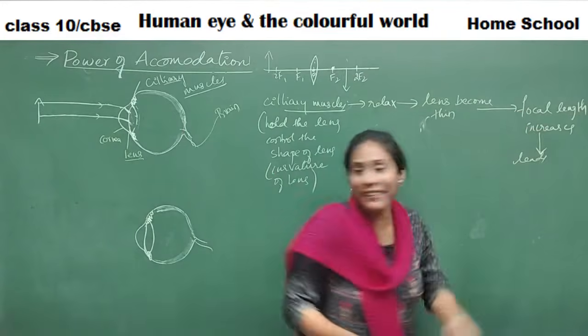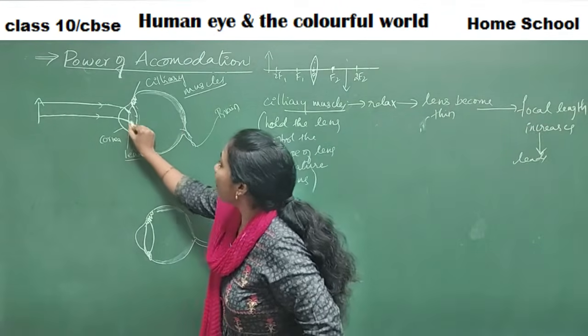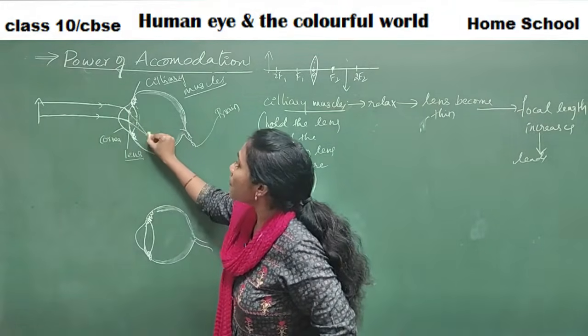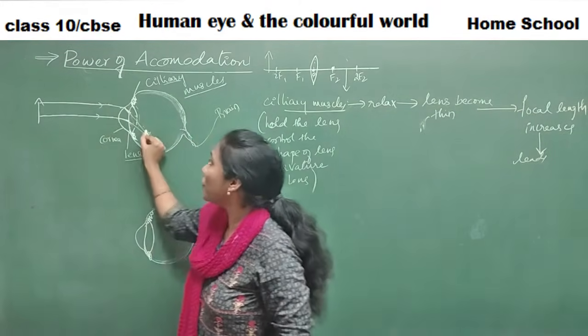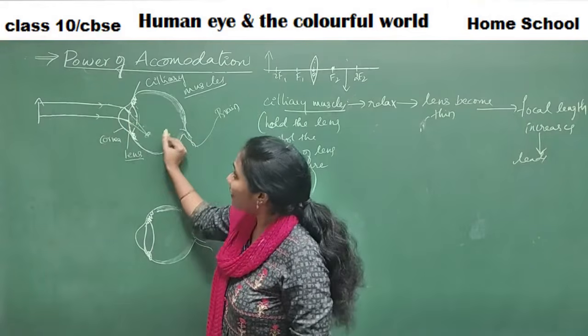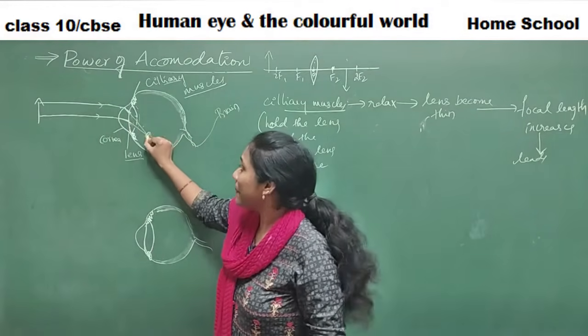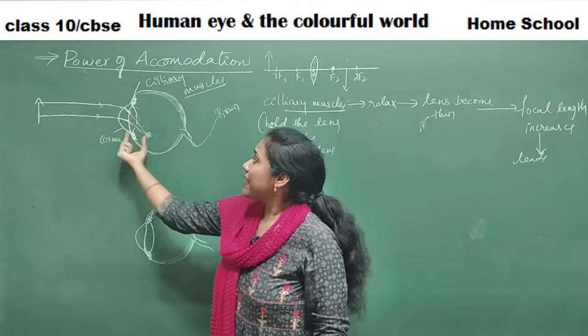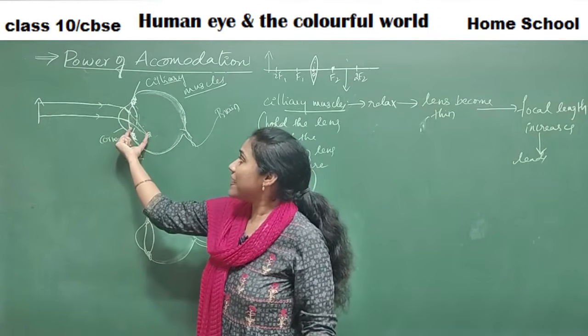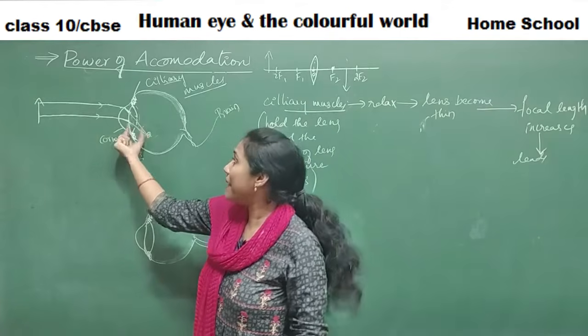Because the focal length is increasing, imagine previously what happened: this may be the focus point, so they are meeting here. They were first of all traveling from a long distance, no? So they would like to meet very near inside the eye, maybe this is where they meet, so this is the focus. Say this is the center of the lens and this point is the focal length. Now what happens?